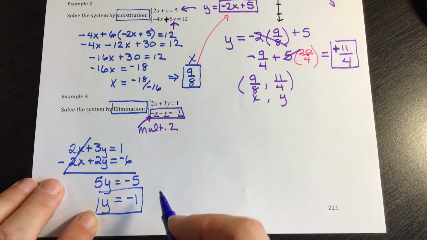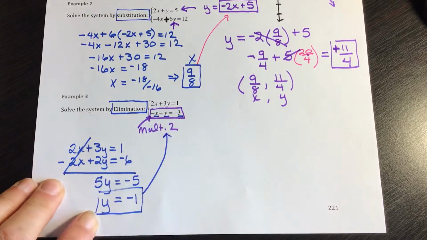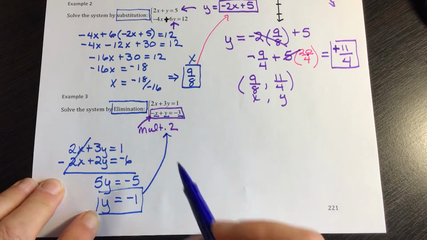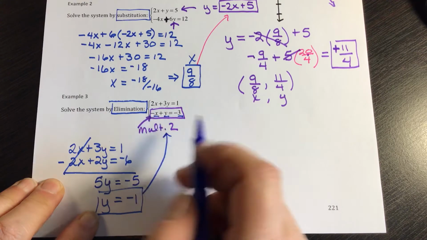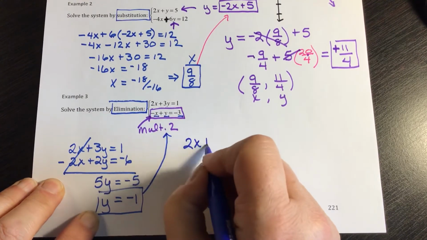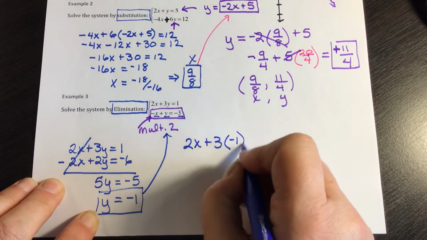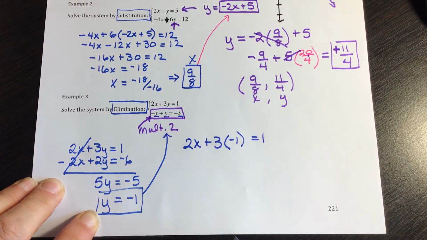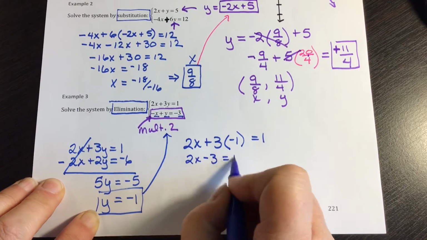Then I'm going to take my negative 1 and plug it into one of these sentences up at the top. It doesn't matter which one you choose. So I'm going to choose the top. So I have 2 times x plus 3 times what y equals, which is negative 1, equals 1. So this is 2x minus 3 is 1.